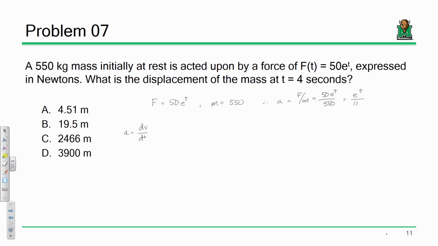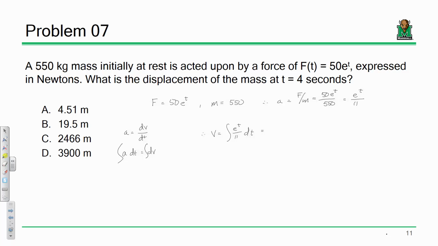So if I've got the acceleration and I want to find the velocity, I integrate. Therefore, the velocity is the integral of e to the t over 11 dt. And so what is that?